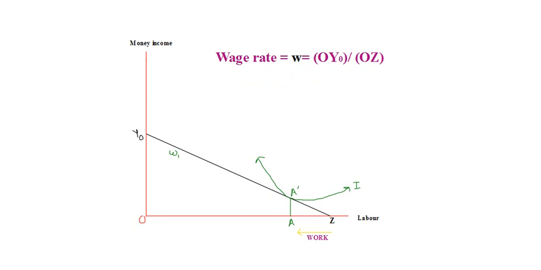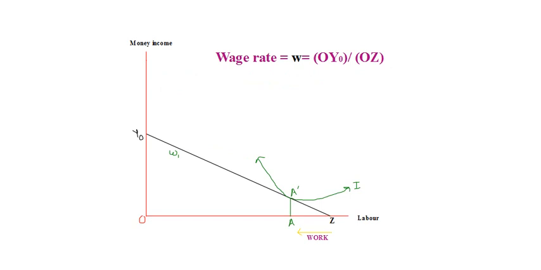The slope of the line which starts from Z and goes to any point on the y-axis basically measures the wage rate per hour. So you can see the formula here. Wage rate W is equal to OY0 divided by OZ. In general, the steeper this line, the higher the hourly wage rate, and the flatter this line, the lower the hourly wage rate.